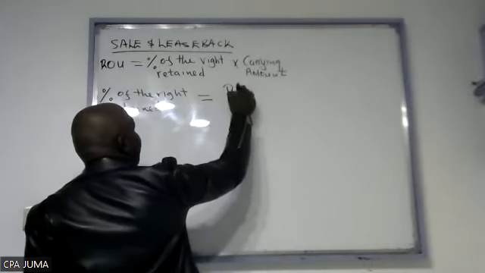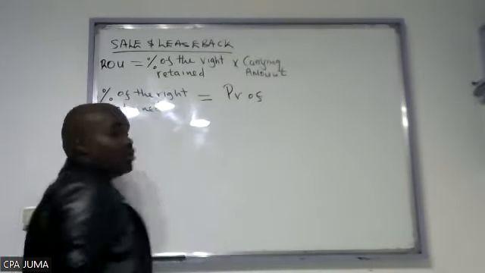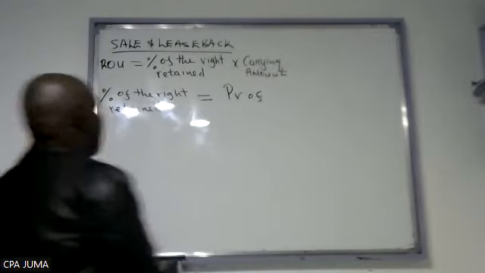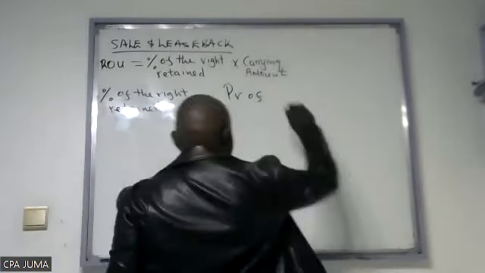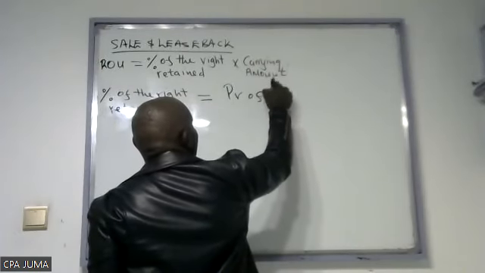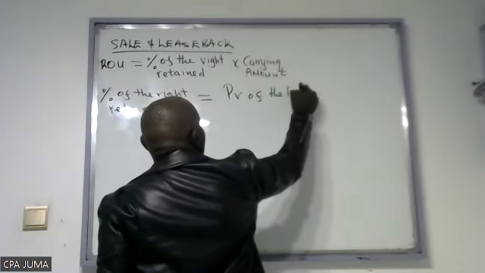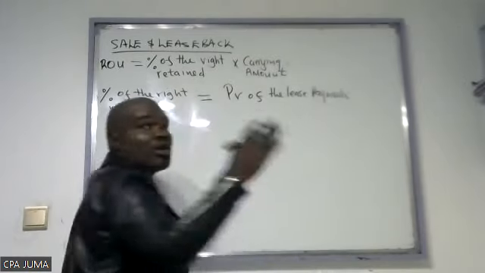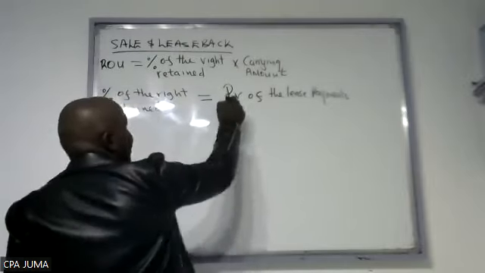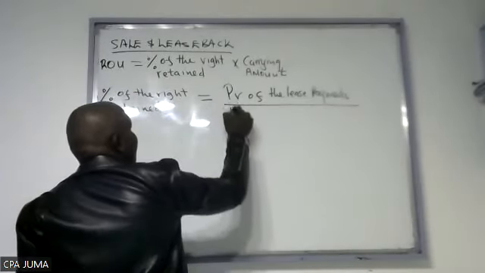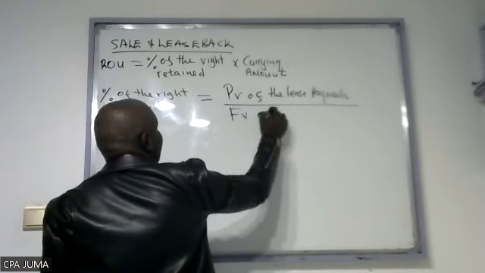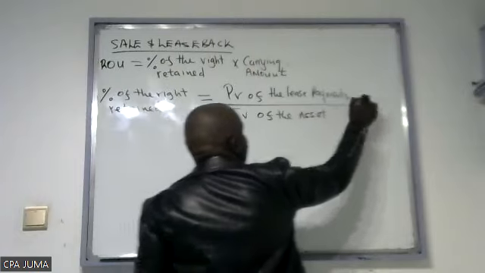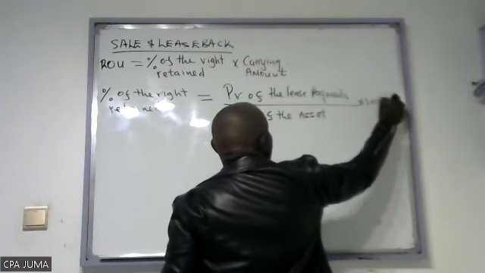So you take the present value of the lease payments, that is the installments, you divide by the fair value of the asset, times 100%.